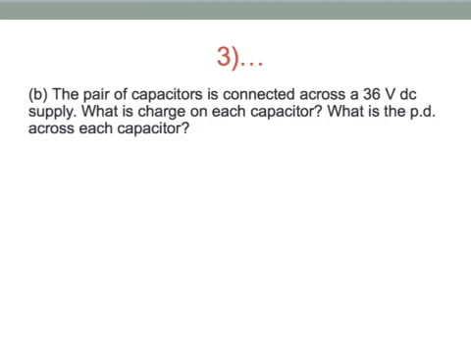Okay, question 3, continued. That pair of capacitors is now connected across a 36 volt DC supply. What is the charge in each capacitor and what is the PD across each capacitor?